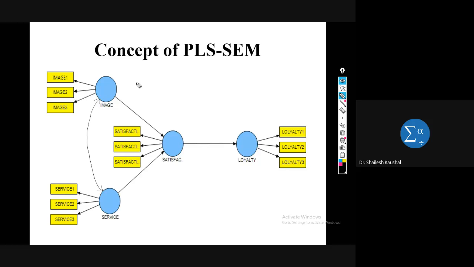But in PLS-SEM we do not take the covariance, because it is partial least square based structural equation modeling. So the basic difference is that in CBSEM we take covariance among the exogenous constructs. But here the path diagram of PLS-SEM is this. Okay.